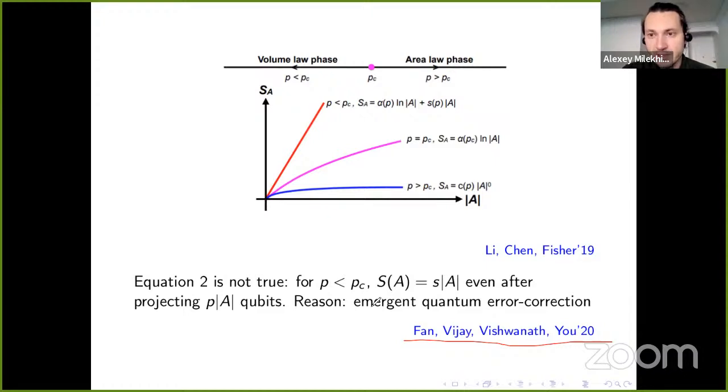And so quantum systems can actually tolerate a finite amount of noise. By now there are literally hundreds of papers which study these phenomena in different systems.